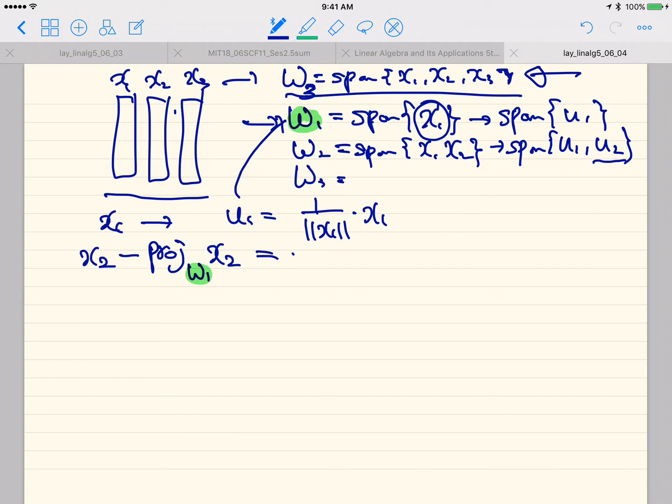Okay, let's call this vector v2. And then this v2 is further normalized by its own length, right?